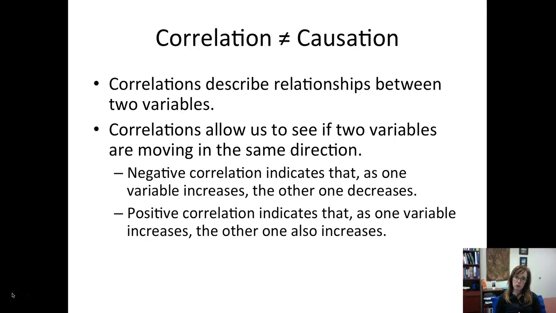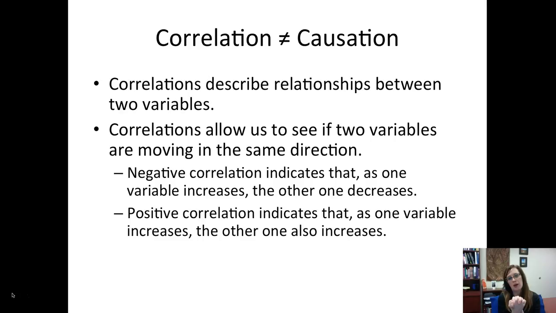And a negative correlation would indicate that as one variable increases, let's say relationship satisfaction increases, so I have a score of 10, somebody else has a score of 12, somebody else has a score of 22. So across all of those people, as that score increases, we would say that there is another variable that decreases.